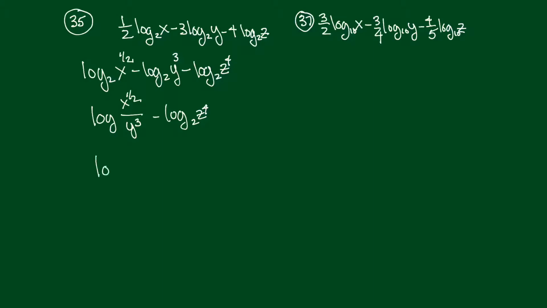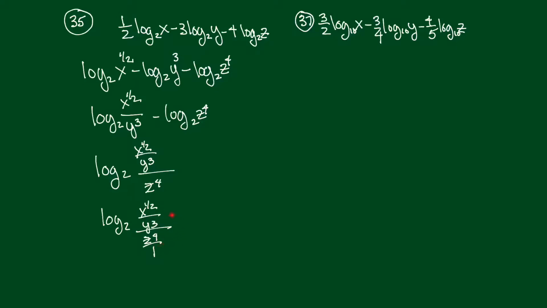Now, it gets a little complicated here. So we have to be careful. Log base 2, log base 2. All right, so it's going to be x to the 1/2 over y cubed, all of that over z to the 4th. Now, okay, I've got a fraction divided by z to the 4th. All right. This is the log base 2. Here's what this is. If I make everything fractions, over z to the 4th over 1, then what do you do with fractions? You invert, right?